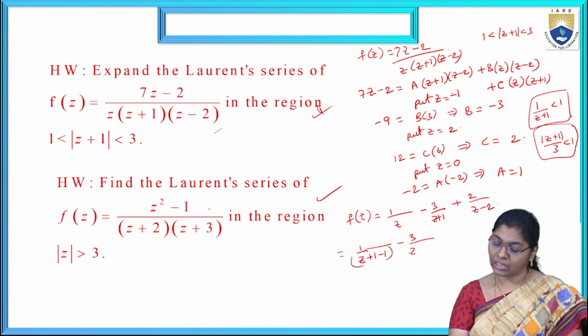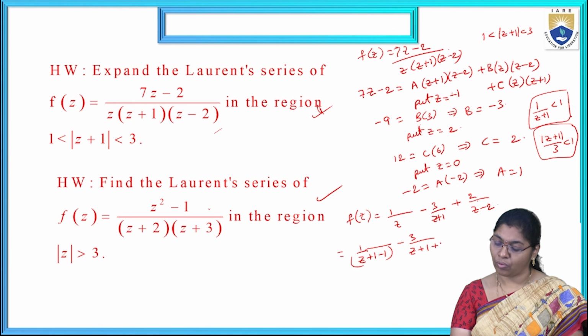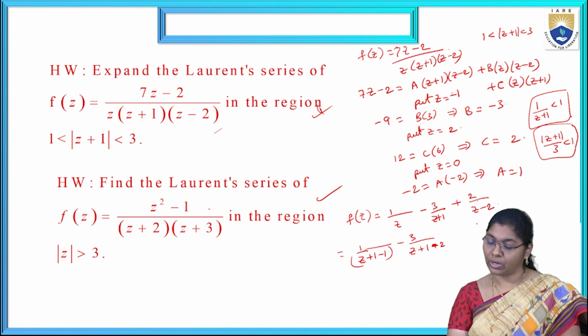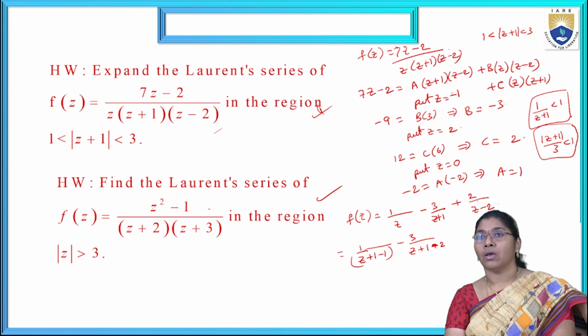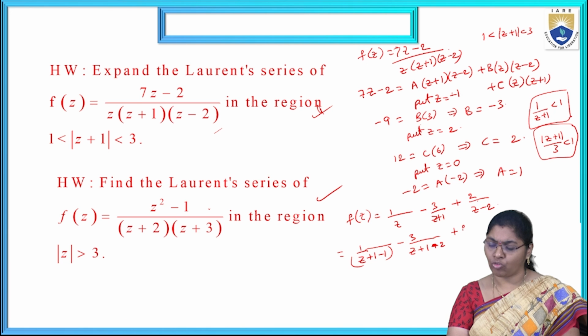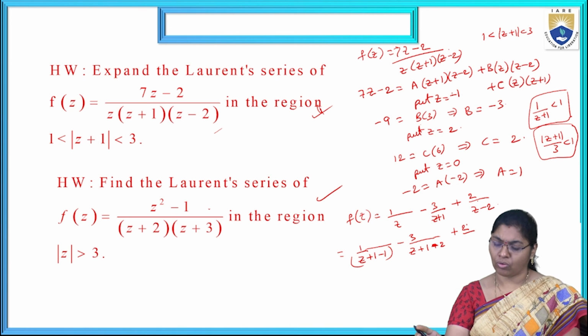By 3 means z plus 1 plus minus 3. In the denominator we get 3, minus 2, plus 3 minus 2, we get that. Also we are splitting that one, plus 2 by z minus 2.